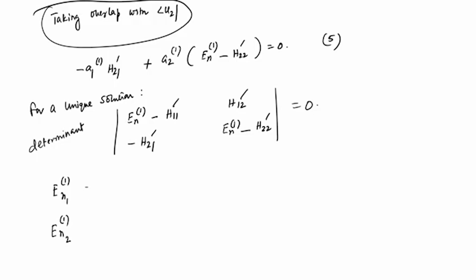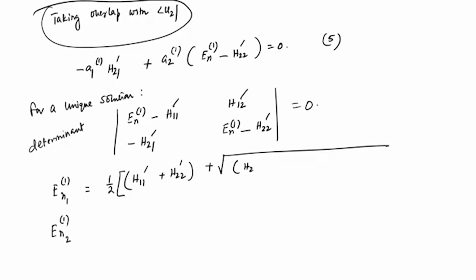So, make all these nomenclature clear in your mind, and then we have H11 prime plus H22 prime by solving the determinant equal to 0 and plus a root over of H22 prime minus H11 prime square plus 4 H21 prime square. So, this is 1, let us call it as equation number 6, because we already have 5.